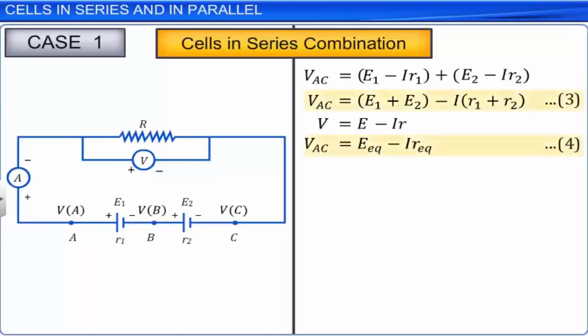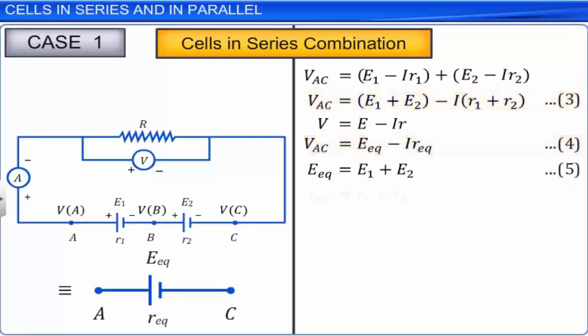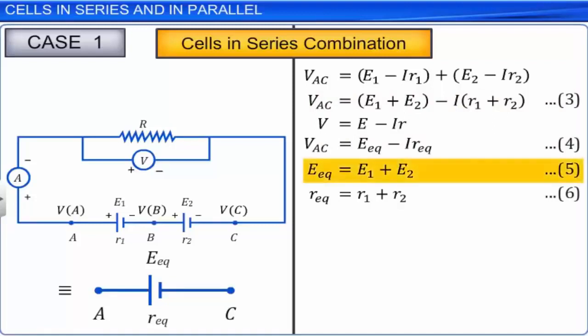Let this be equation 5. REQ is equal to R1 plus R2. Let this be equation 6. Equation 5 is used to calculate the equivalent EMF of the series combination of two cells. Equation 6 is used to calculate the equivalent internal resistance of the series combination of two cells.